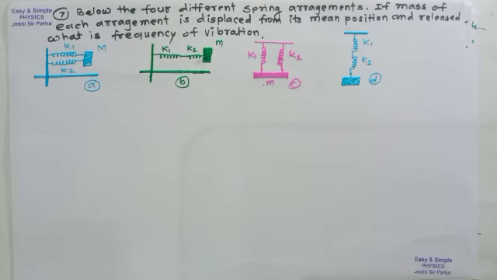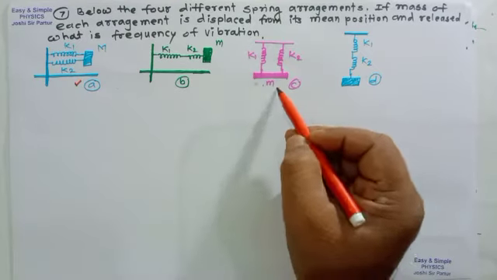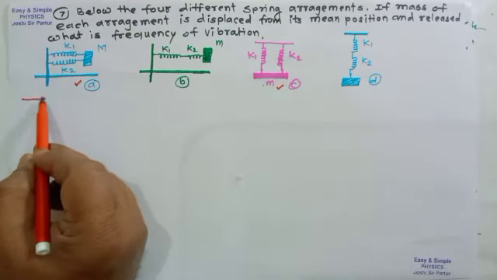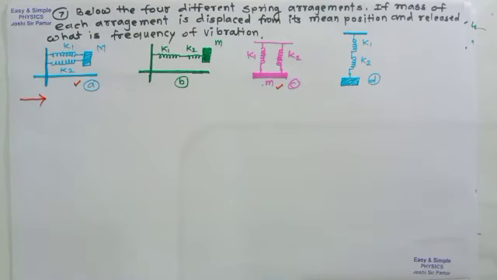Here the 4 figures are given, and in these 4 figures we can see that figure A and figure C, by solving such type of question, these 2 figures are the same.